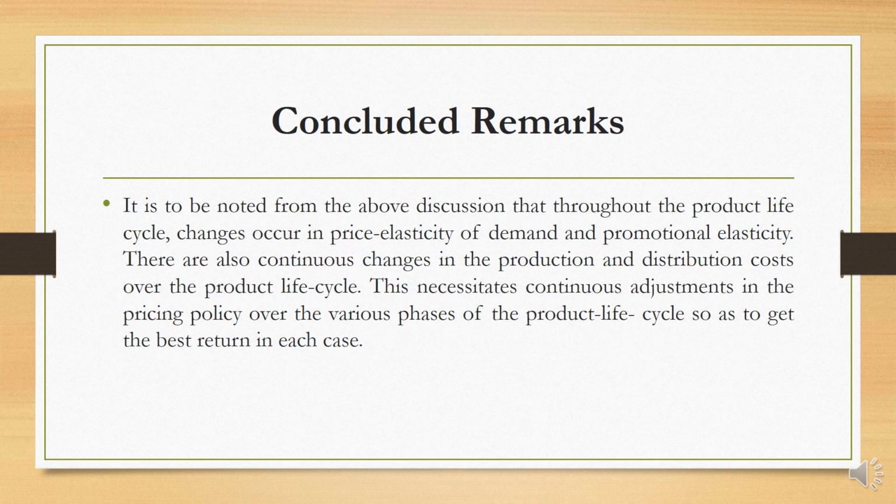There are also continuous changes in the production and distribution cost over the product life cycle. This necessitates continuous adjustment in the pricing policy over the various phases of the product life cycle so as to get the best returns in each case.